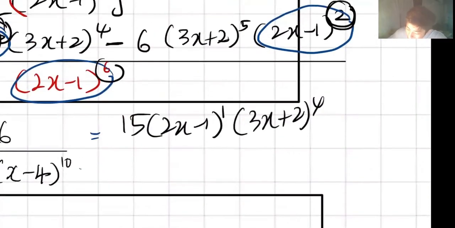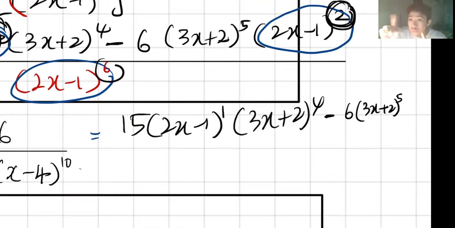Then minus 6. You didn't do anything to 3x plus 2. Then this 2x minus 1, I take out 2. I'm left with power of 0. Power of 0 doesn't give you 0. It gives you 1, because anything to the power of 0 gives you 1. Refer back to my indices chapter if you're not sure.